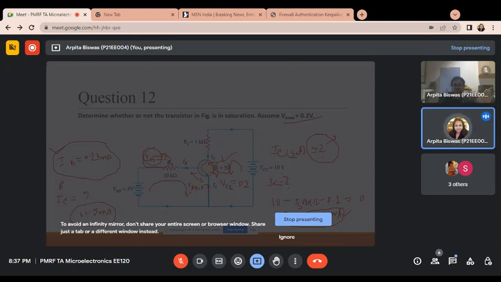First we calculated the saturation current, then we found the input current, and from the input current we calculated the output current, which means the collector current. We can see that the IC current is greater than IC saturation, so we can say this circuit is in saturation.